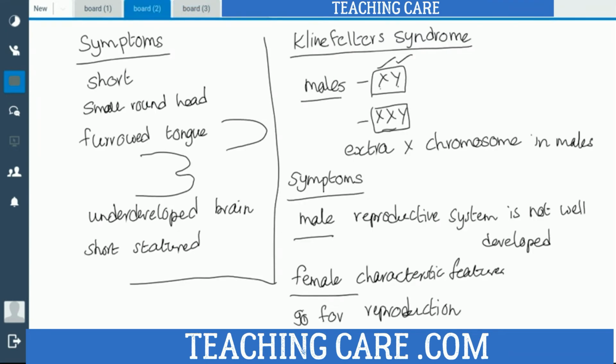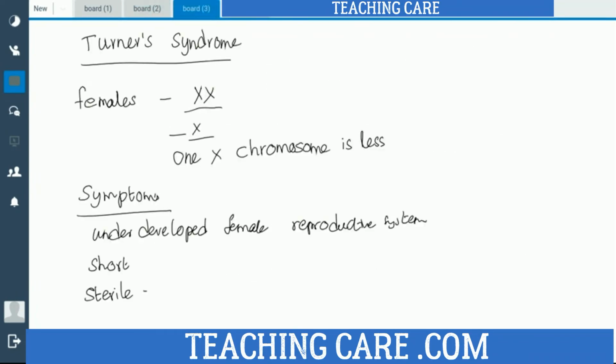Can we repeat Turner syndrome? So Turner syndrome occurs in females. Normally a female should have two X chromosomes.